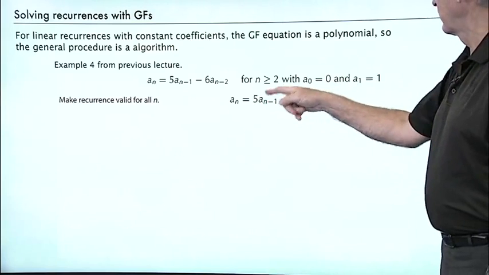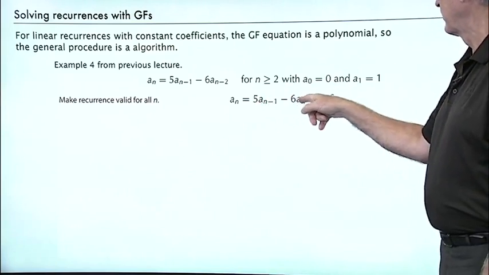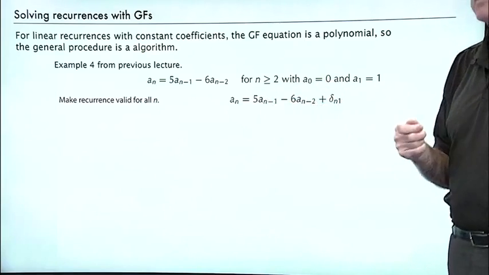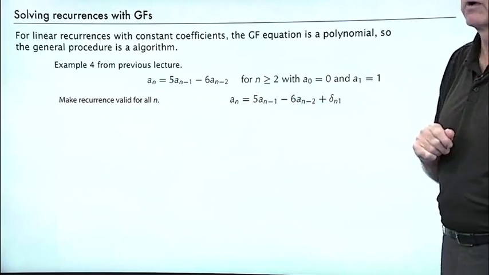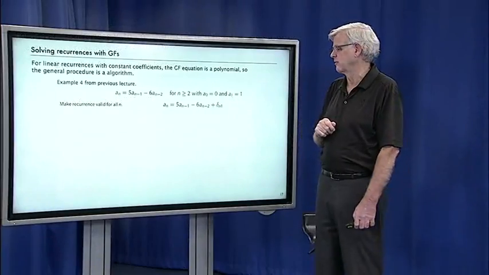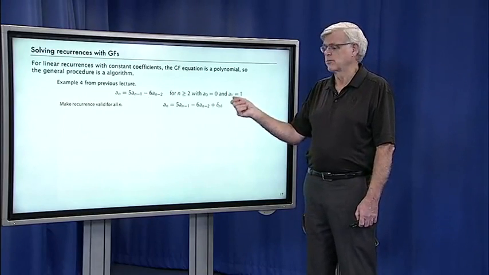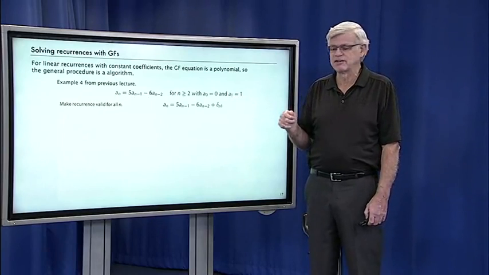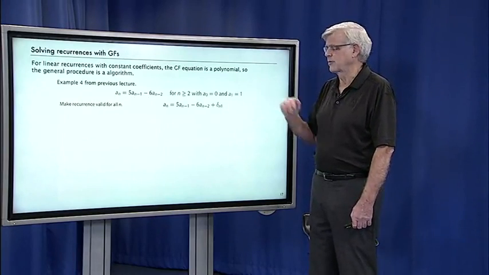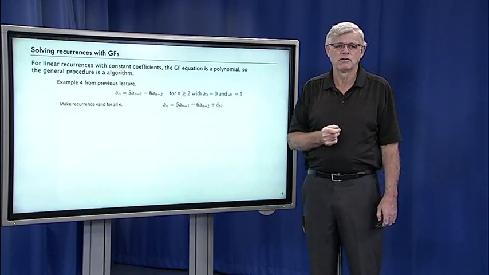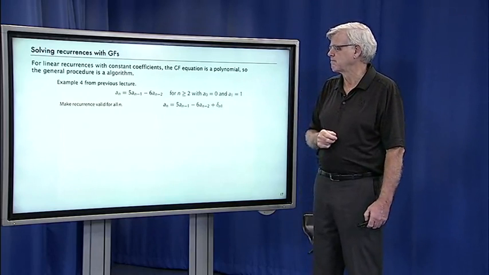So a0 equals 0, so that would be 0, that would be 0. So for a1 we would have to add a 1. So when n is 1, we want to add 1. That's what that Kronecker delta is at the right there. a0 is expressed then in terms of a's with negative indices, which are 0, so it's okay, a0 equals 0. So that's a recurrence that's valid for all n greater or equal to 0.